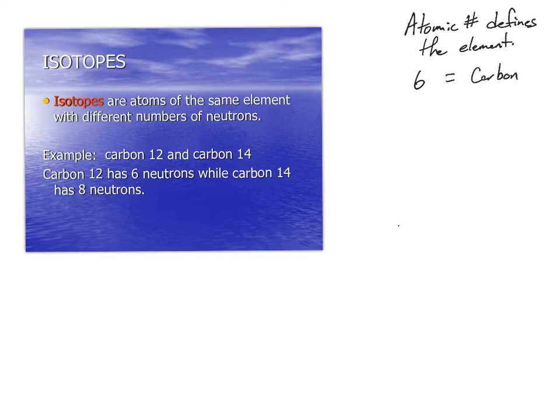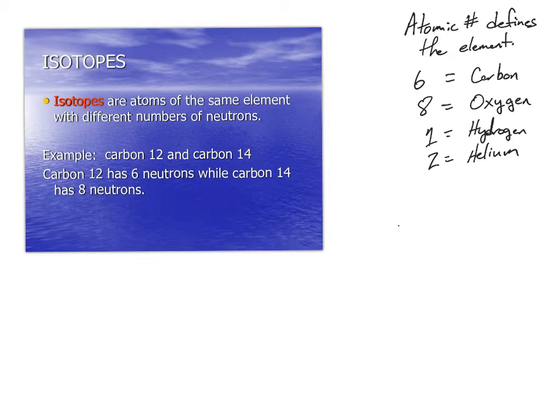If I tell you it's atomic number 8, that equals oxygen. Atomic number 1 is equal to hydrogen. And atomic number 2 is equal to helium. And there's just a ton of them, all right? So if you have an atomic number, that defines the element.